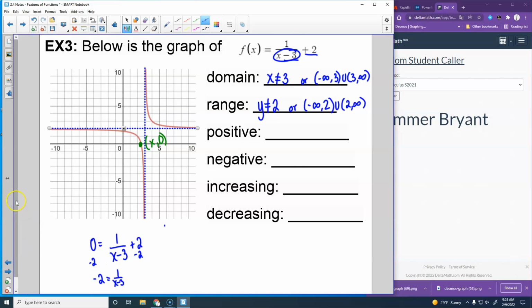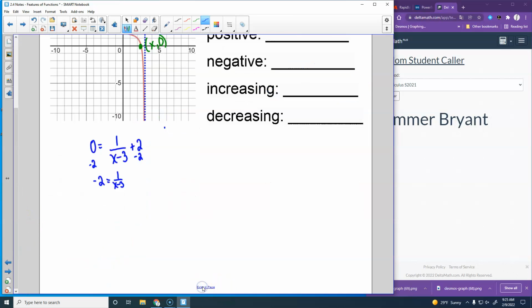Oh, how do I solve an equation when I've got that x in the bottom? Multiply. I'm going to multiply by x minus 3 over here, which is just going to cancel that x minus 3. And then I'll multiply by x minus 3 over here. So I'll have negative 2x, if I distribute that 2, plus 6 equals 1.